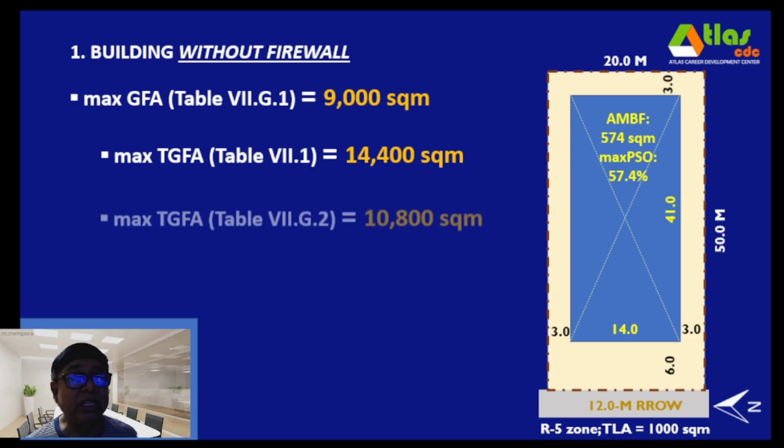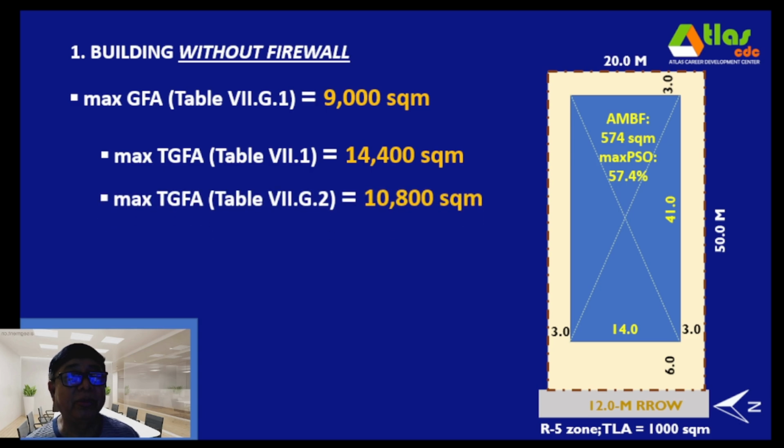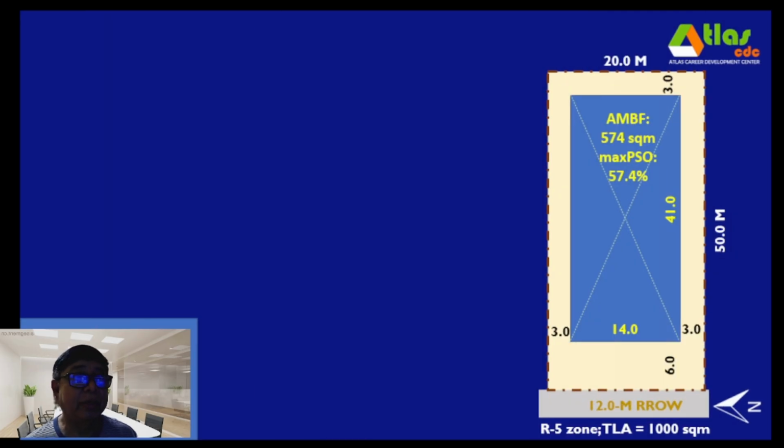Pero yung isa pang ating value ng maximum TGFA galing sa table 7.G.2, yung conversion table, lalabas na 10,800 square meters. So, kung i-compare natin itong dalawang value ng maximum TGFA, supposedly, ang most stringent natin dito ay yung galing sa conversion table na 10,800 square meters. So that's it for our values if we have a building without firewall.